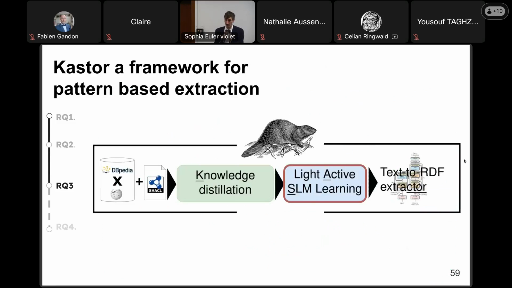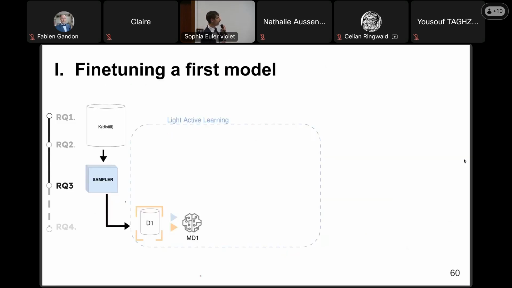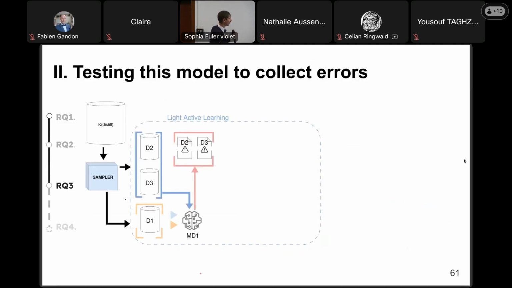Let's now talk about the second part of this framework, CASTERS, which is related to the light active learning process. This is a process that integrates a human in the loop. The light active learning process starts by sampling a set of examples from our distilled knowledge base to fine-tune a first model.